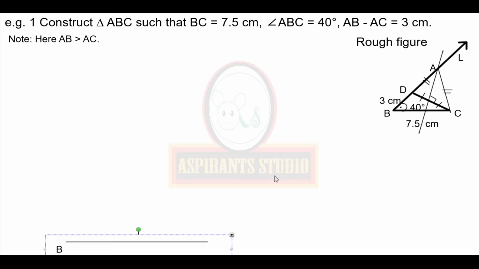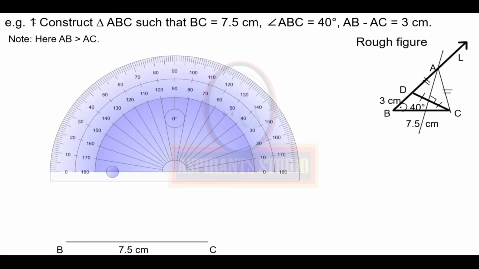Here, before doing the steps of construction, I have to give some explanation to you. We can draw the ray BL such that measure of angle LBC is equal to 40 degrees. We have to locate point A on ray BL. Take point D on ray BL such that BD is equal to 3 centimeters.